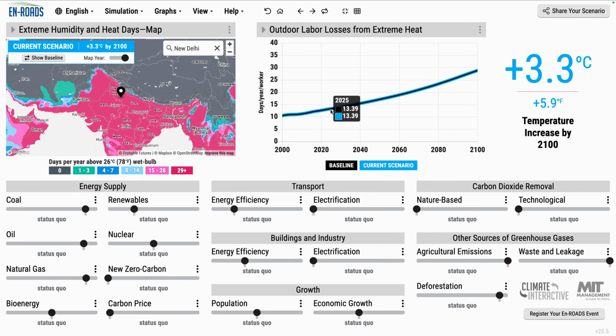It could go all the way up past 25 towards 30. This is something we want to prevent. Out here in 2100 in New Delhi, over a month a year of days above 26°C wet bulb. This is a dangerous temperature. We want to avoid it. So motivate the need to do much better.